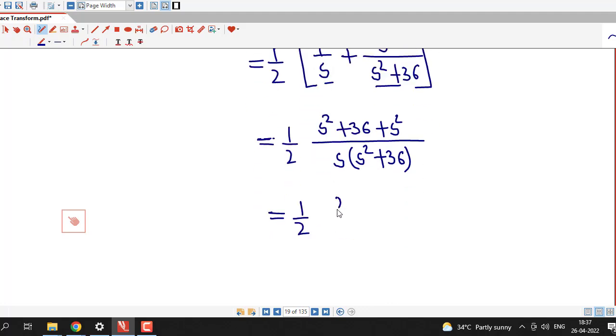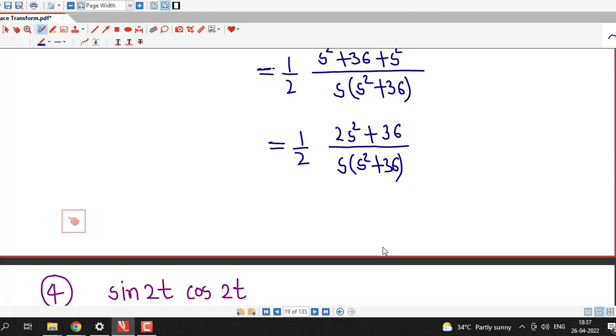Therefore this we can rewrite as 2s square plus 36, s square plus s square is 2s square, s times s square plus 36, and this 2 we can cancel out, and we are left with s square plus 18 divided by s times s square plus 36.